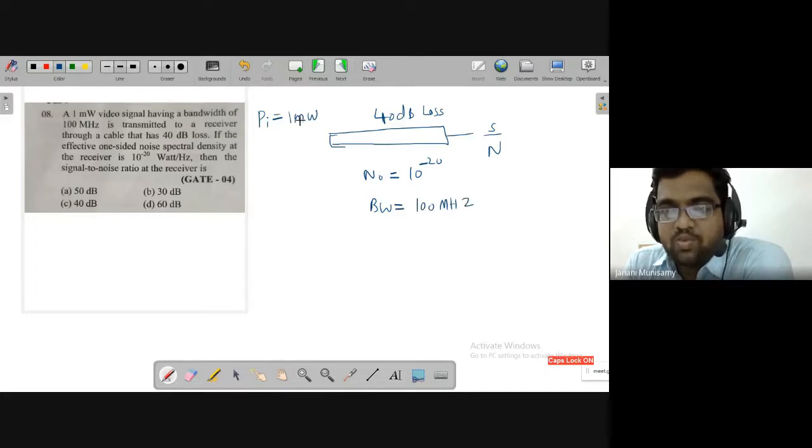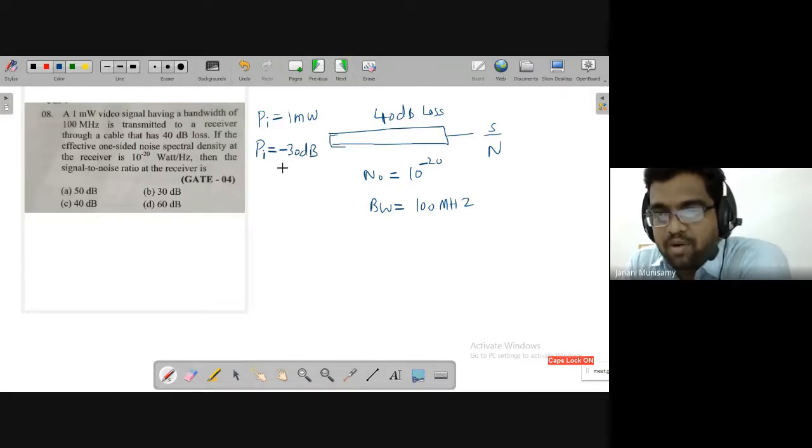If the power is 1 milliwatt, we have to write it in terms of dB, because if you operate in terms of dB, then it will be simpler in general. And also the answer is given in terms of dB. So I will convert this input power into dB. Then the power available with us is minus 30 dB. Just apply the 10 log formula, minus 30 dB.